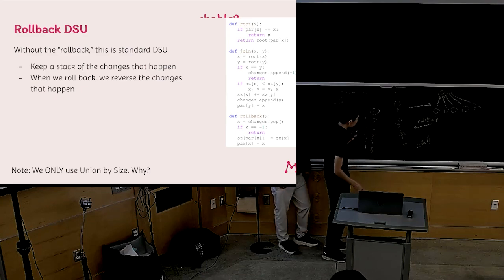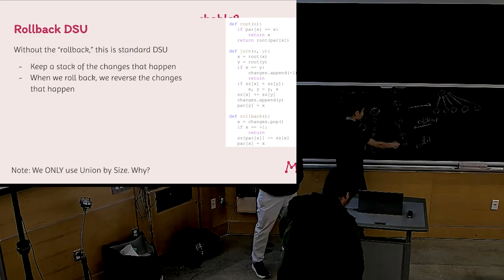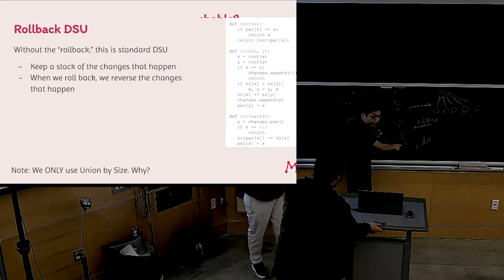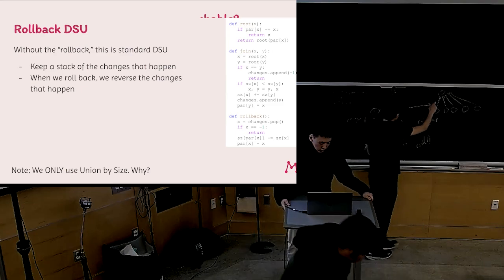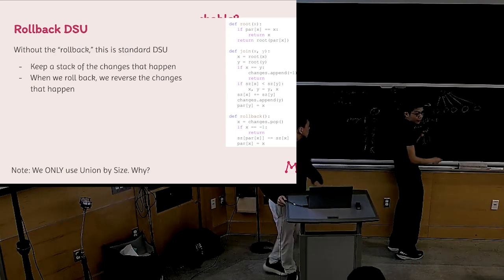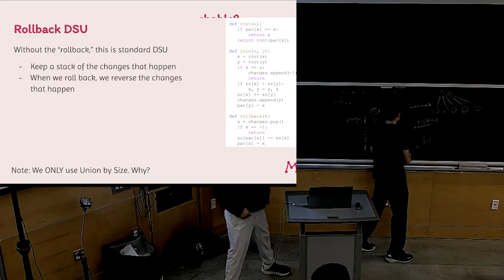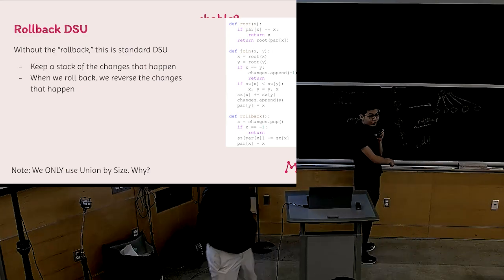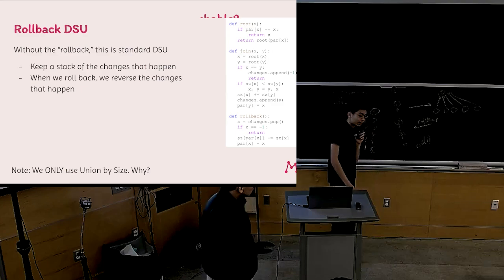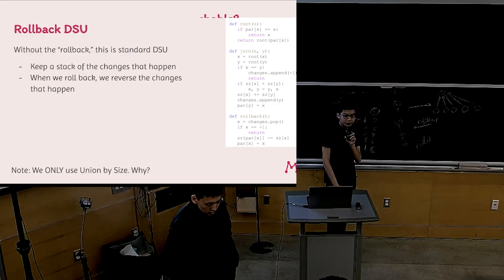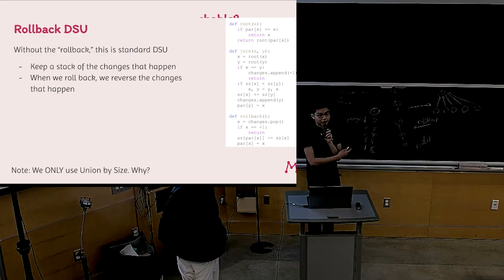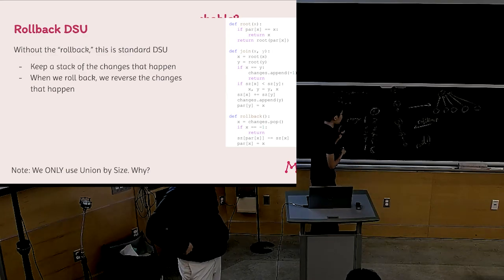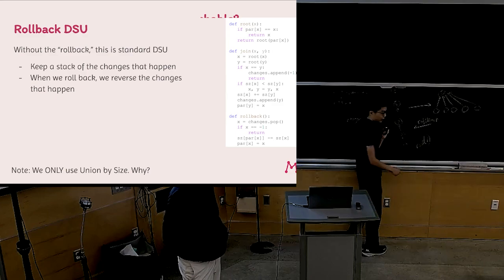So when you merge 6 and 1 in path compression, you call root on this node down here, and then all of these will now point up to the top. So that's n work, right? The merge will take n work. Yeah. So then the rollback will also take n work, right?